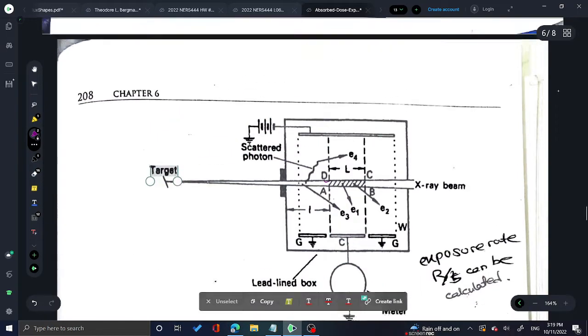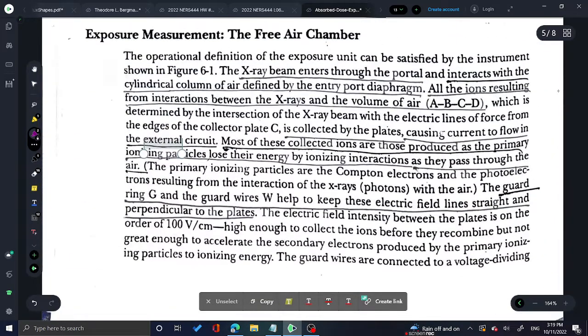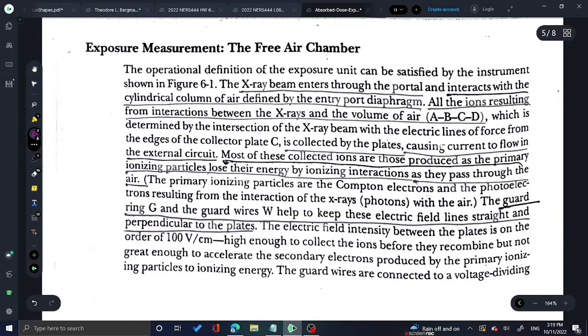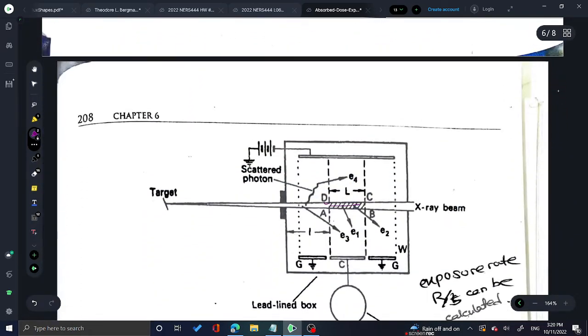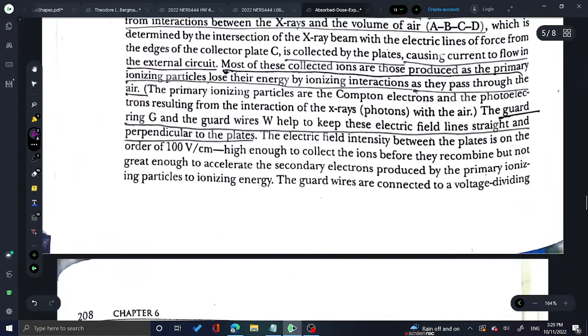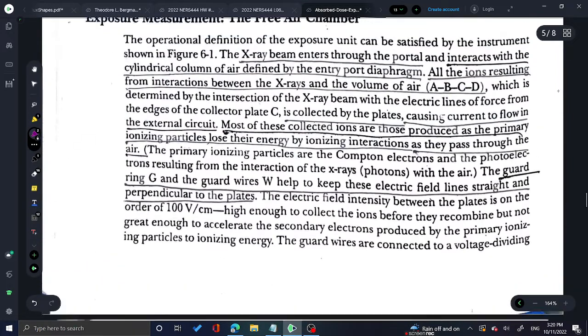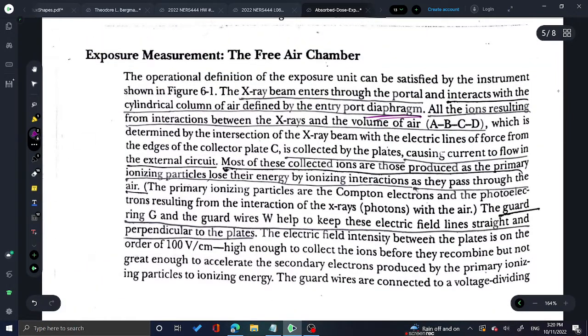So এটাই এখানে ডিসক্রাইব করা আছে এই জায়গাটায়। The X-ray beam is entering through a portal, right? And then it interacts with the cylindrical column of air defined by the entry port diaphragm. So এই পার্টের এয়ারের সাথে ইন্টারাক্ট করে, diaphragm, আচ্ছা। Then যেটা বলছে, all of the ions resulting from interactions between X-rays and the volume of air in ABCD.